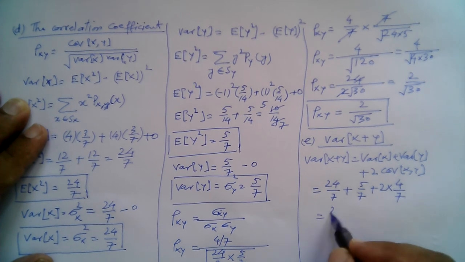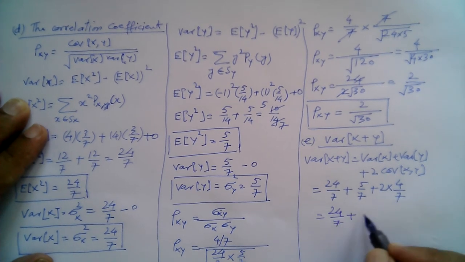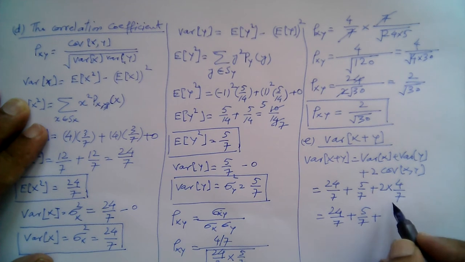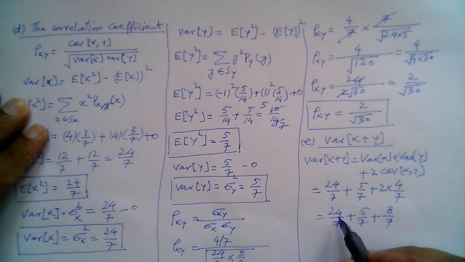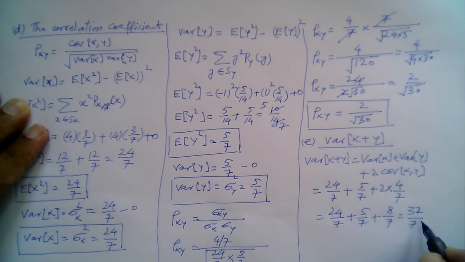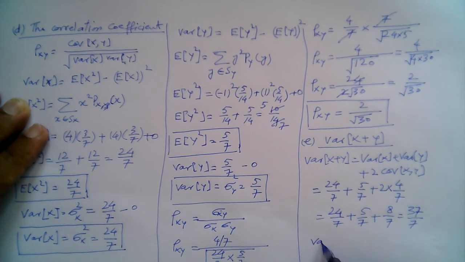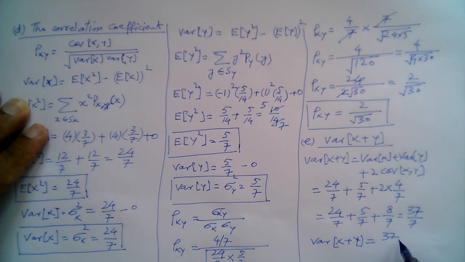So that will be 24 over 7 plus 5 over 7 plus 8 over 7. 24 plus 5 is 29, plus 8 is 37. So the variance of x plus y is 37 over 7.